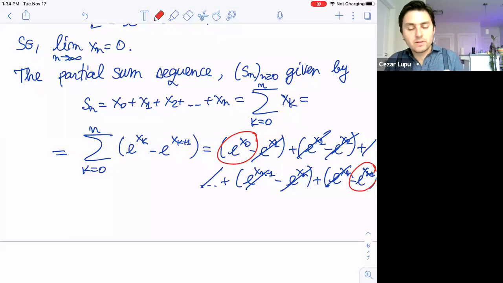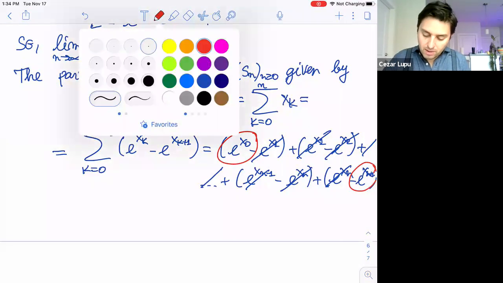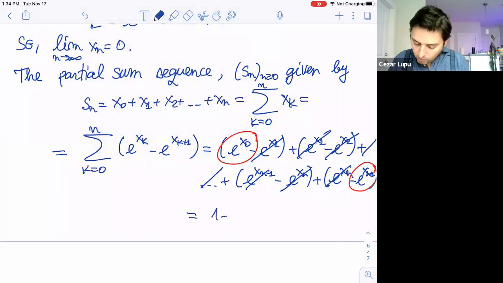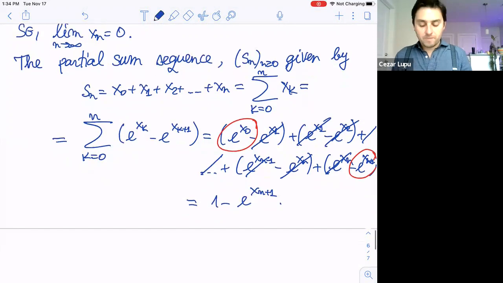But we know that x0 is 1, so this would be nothing else. So this is 1 minus e to the power xn plus 1. And now the sum of the series will be nothing else than just, let me write like this.